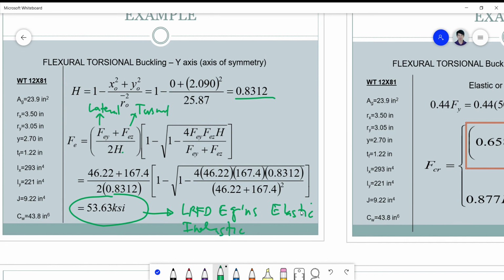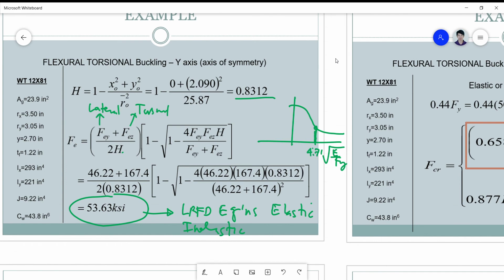Okay, so tandaan nyo yung curve natin gano'n. Ayan siya. Ano uli yung limit na to? Yun yung 4.71 square root of E over Fy. Diba? So, ito yun, no? So, para makita mo kung saan siya nagfo-fall.